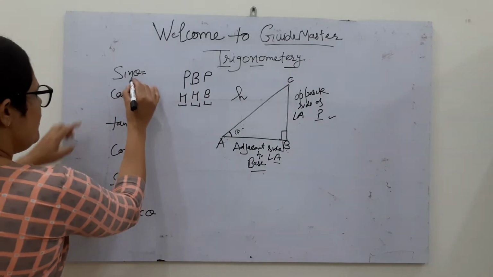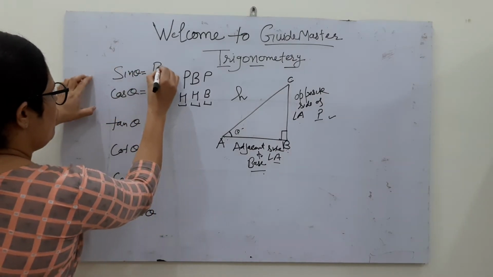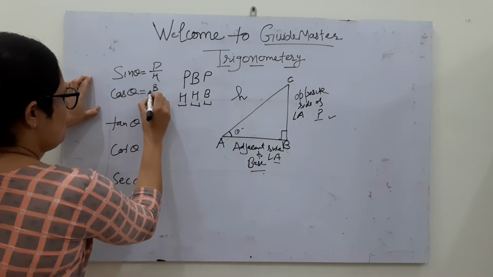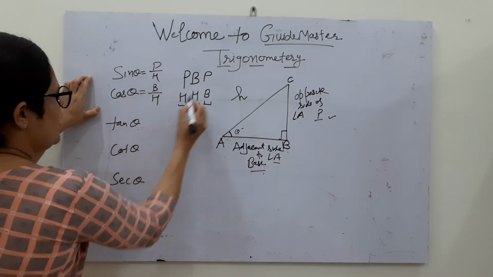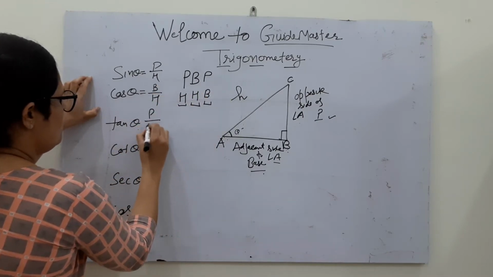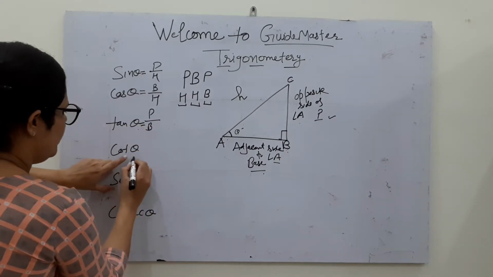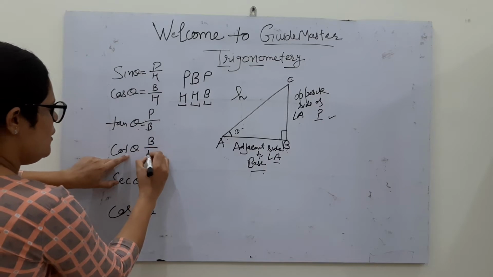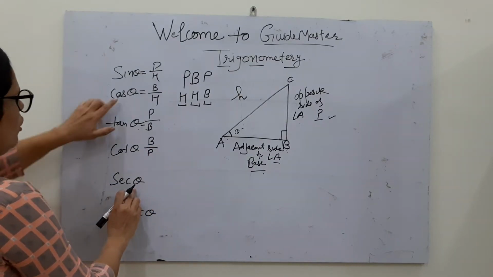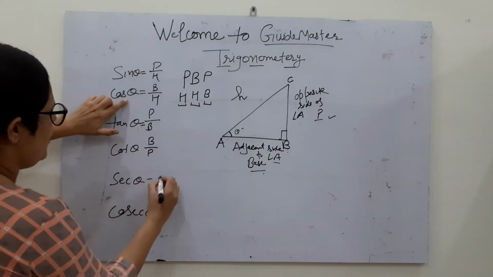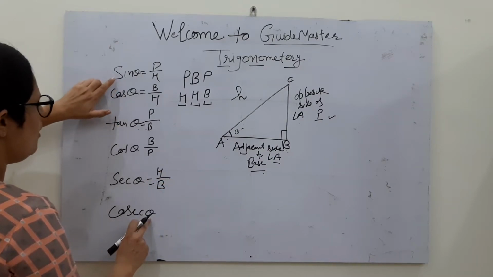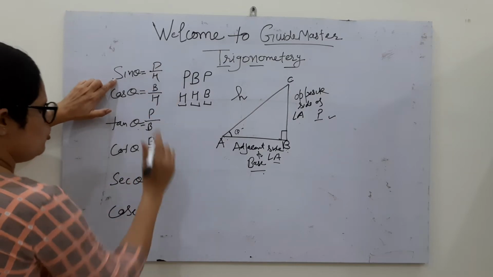Here we can write sin theta is P upon H, cos theta is B upon H, tan theta is P upon B. Now cot theta is the reverse of tan theta, that is B upon P, sec theta is the reverse of cos theta, that is H upon B, and cosecant theta is the reverse of sin theta, that is H upon P.